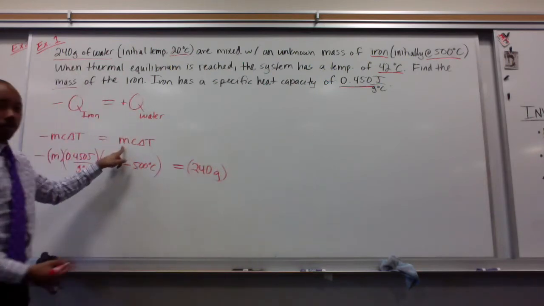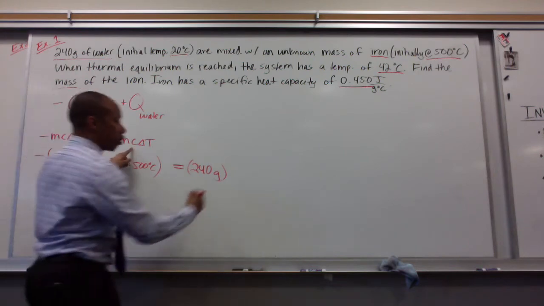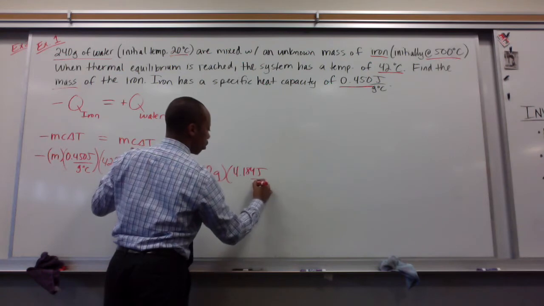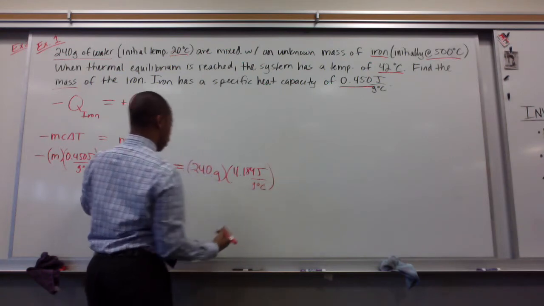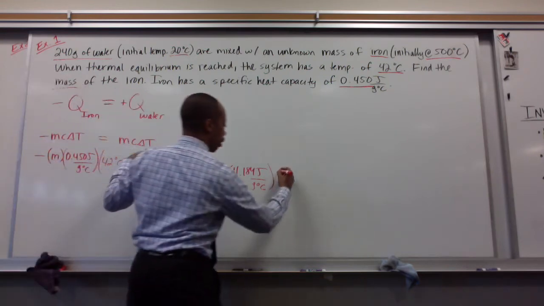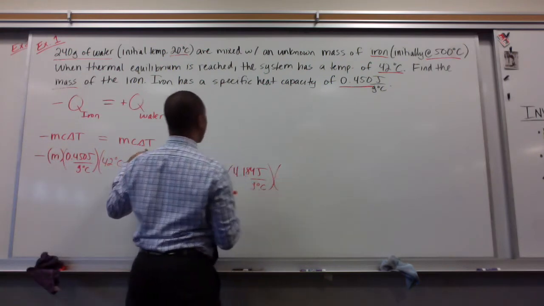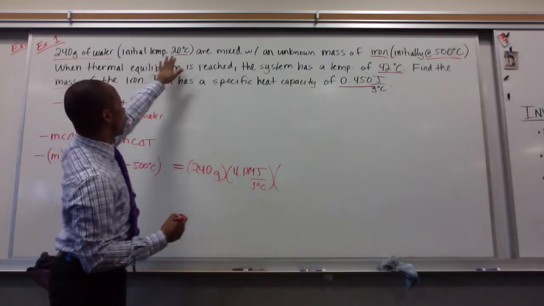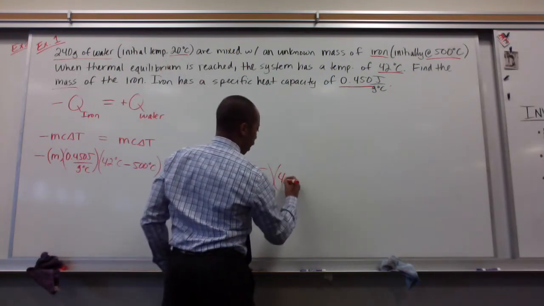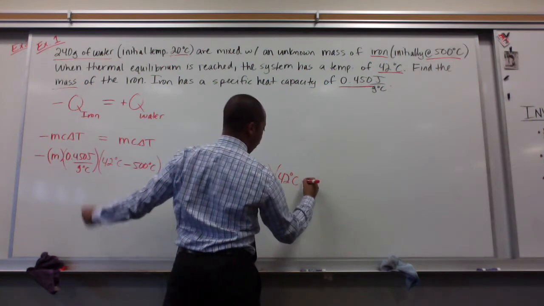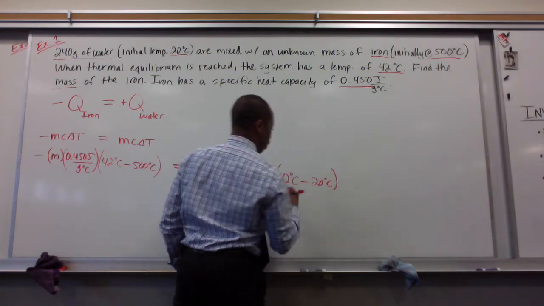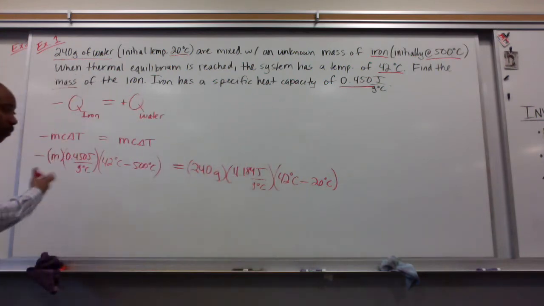That's the M. Times the specific heat of water, which we know is 4.184 joules per gram degree Celsius. Multiply times the change in temperature of my water, delta T. It started at a temperature of 20 degrees Celsius and ended at 42 degrees Celsius. So final is 42 degrees Celsius, just like my iron, minus initial, which is 20 degrees Celsius. And there you go. That's my setup.